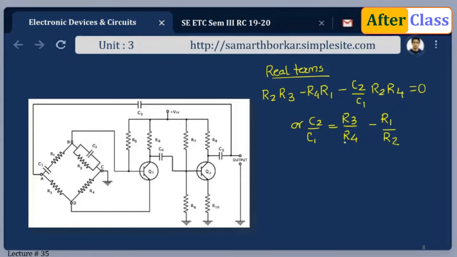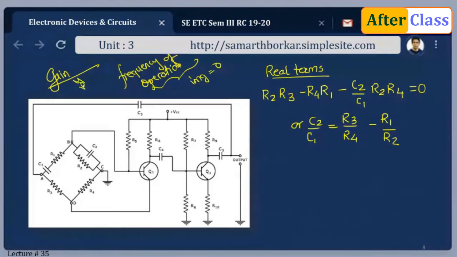From the real terms, as we have discussed, there are two important things we have to discuss: the gain of the amplifier and the frequency of operation. This frequency we obtain from the imaginary terms equal to 0, and gain is obtained from making real terms equal to 0. So we have taken this real term.